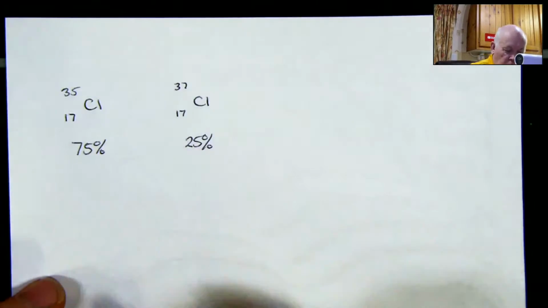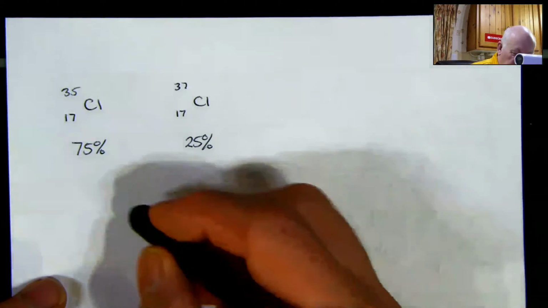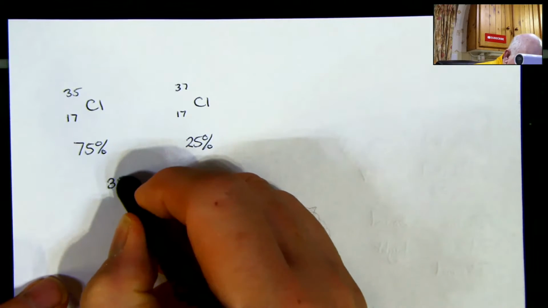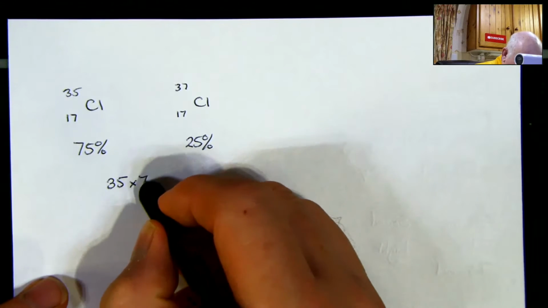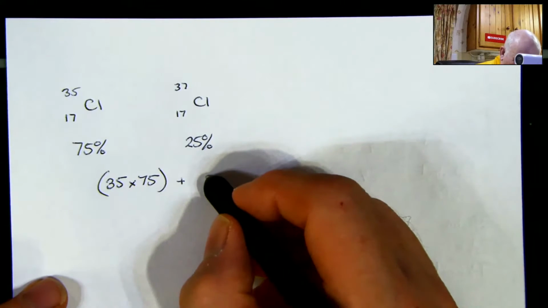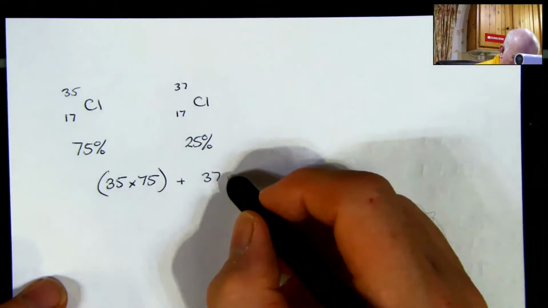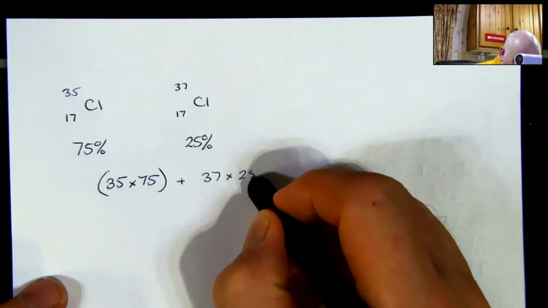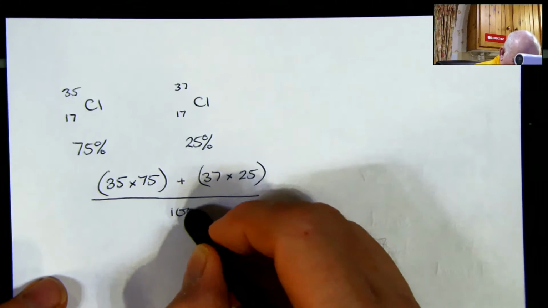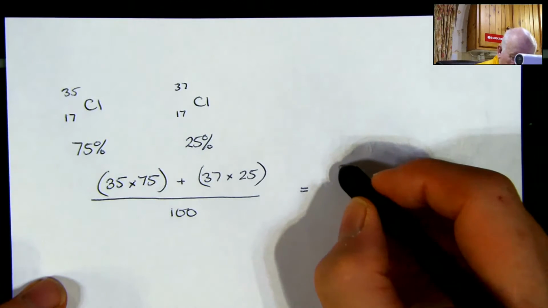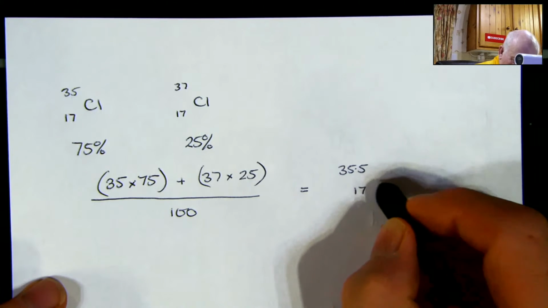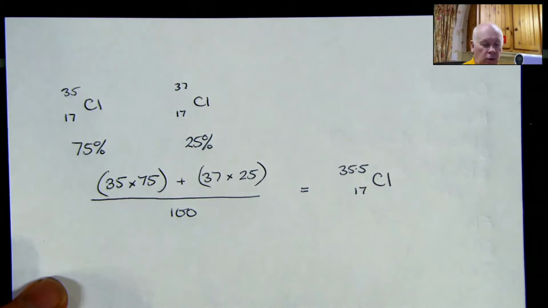We need to try and work out its mass, and we can do this in a fairly easy way. We can take our number, 35, multiply this by 75, and then we can add this onto the other mass, 37, times the 25%, and then if we divide that by 100, we come out with about 35.5, which is our number for chlorine.